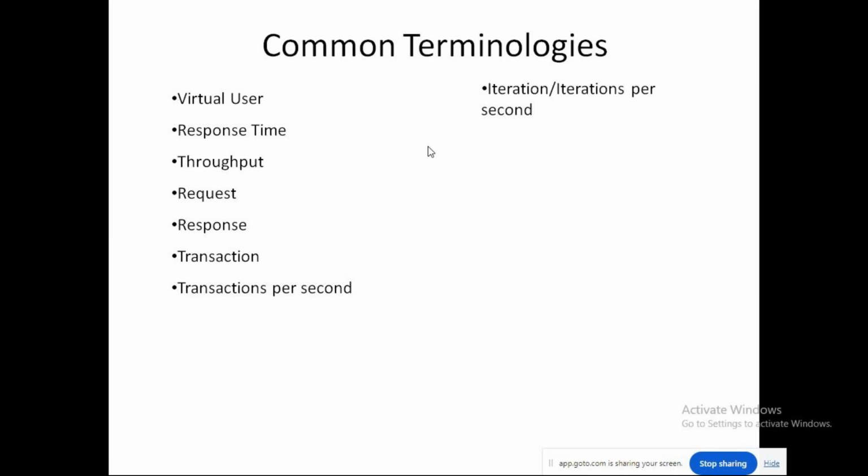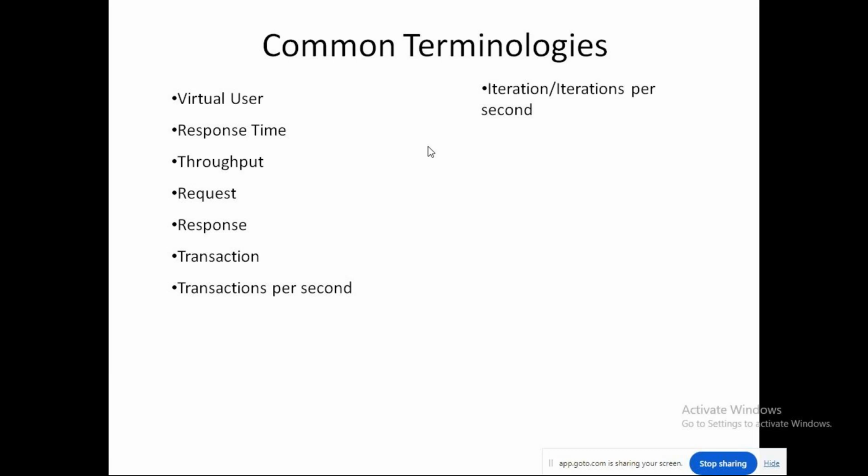So from launching to log out, that makes my one complete user flow, guys. So one complete user flow is basically one iteration. Remember this. One complete user flow is basically one iteration.